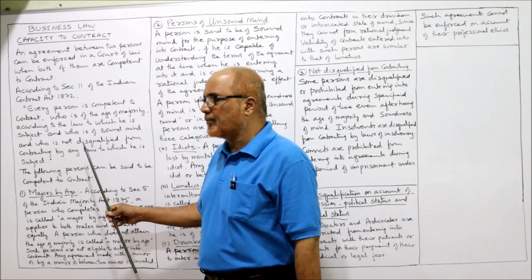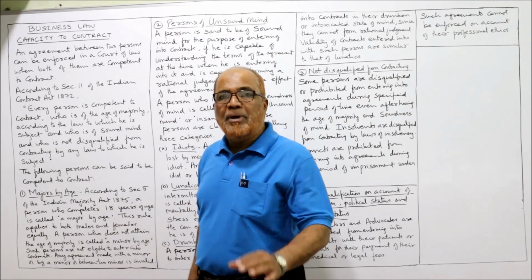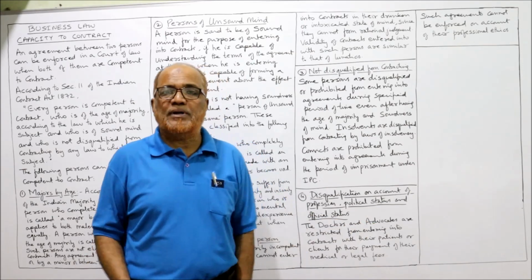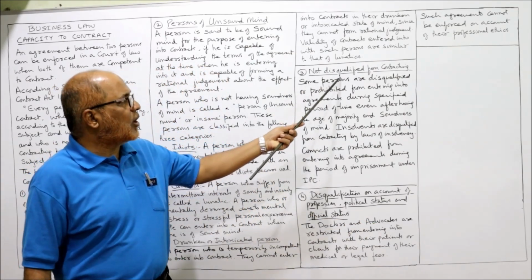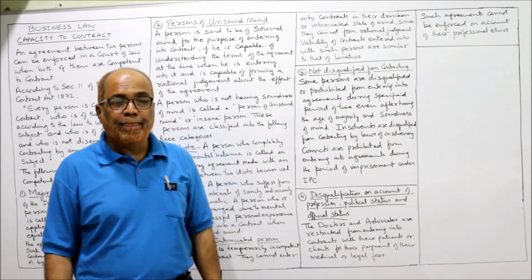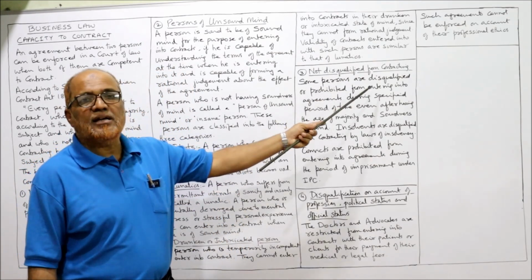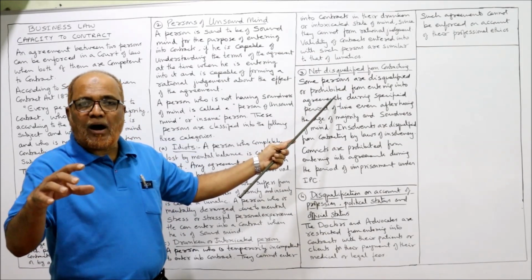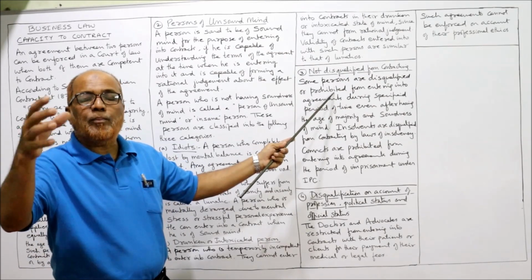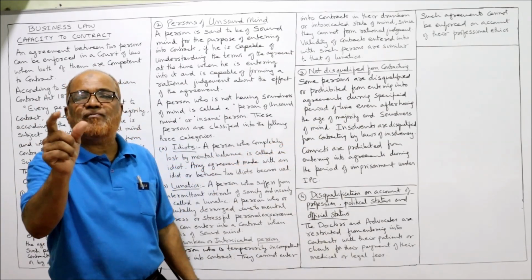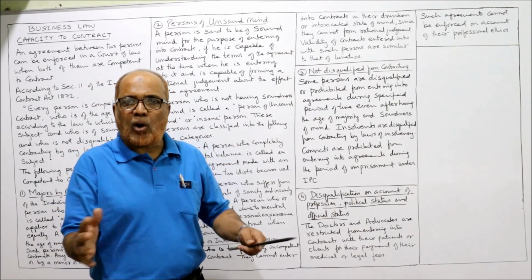Here in the definition we have seen the law has made some persons disqualified from entering into contract. Who are the persons? I am going to explain you. Some people are disqualified or prohibited from entering into agreement during a specified period of time, not always.